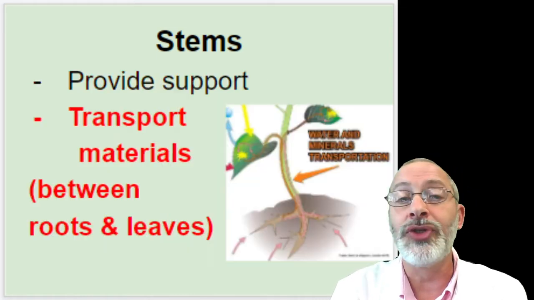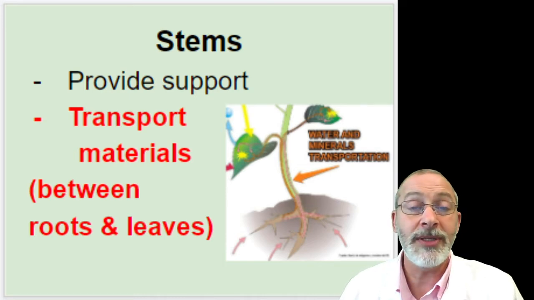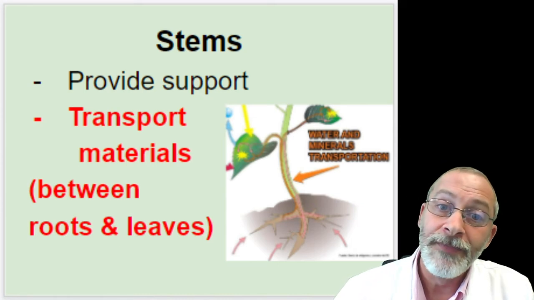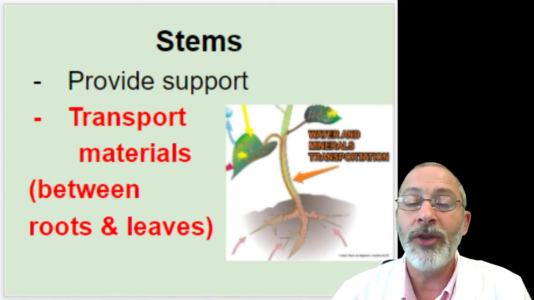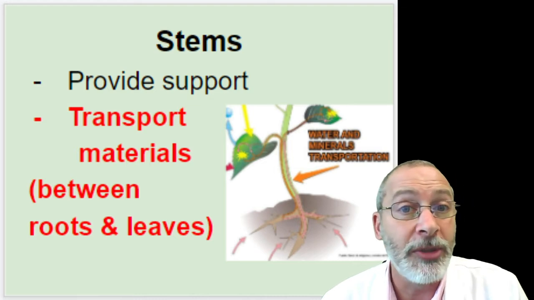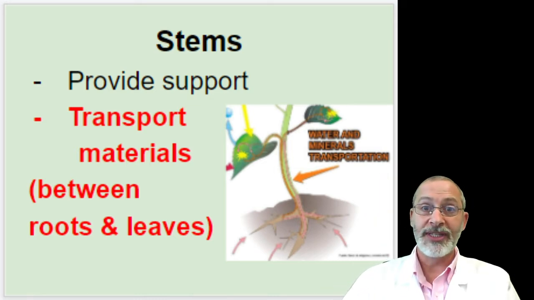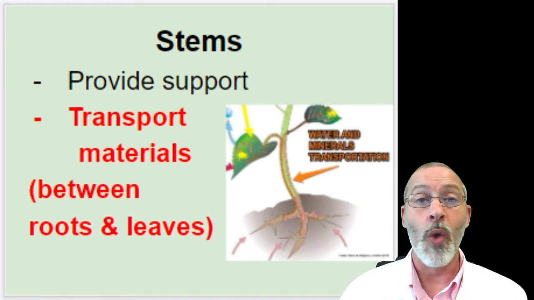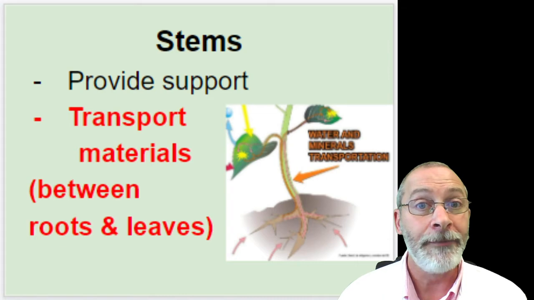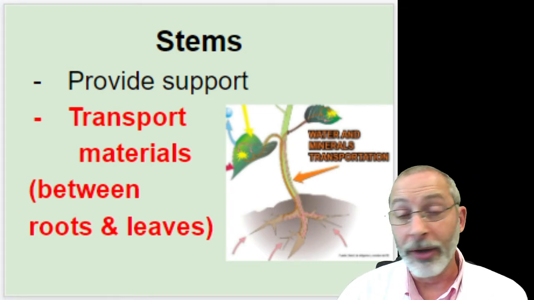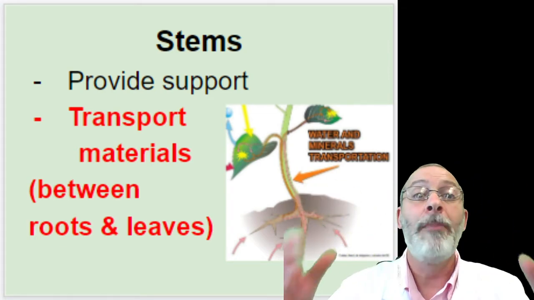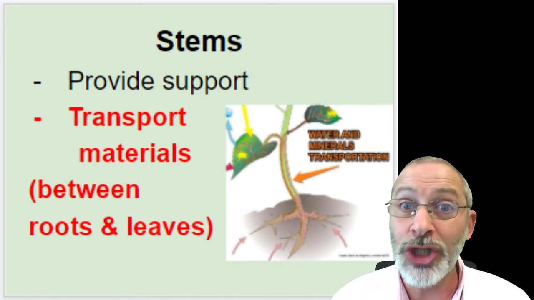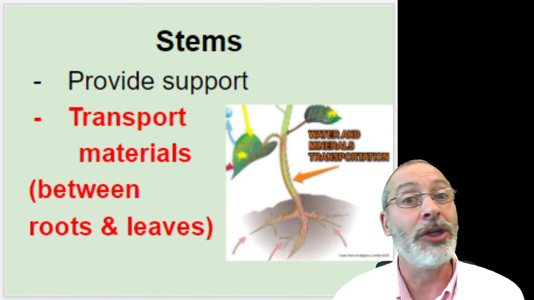So, what do stems do? Well, stems transport materials between the roots and the leaves. We've already talked about the roots, fibrous roots and tap roots, and the function of roots is all the same: extracting the water and minerals from the soil. And if that water and minerals has to get to upper portions of the plant, like the leaves, well, you need a transportation network, that vascular tissue.